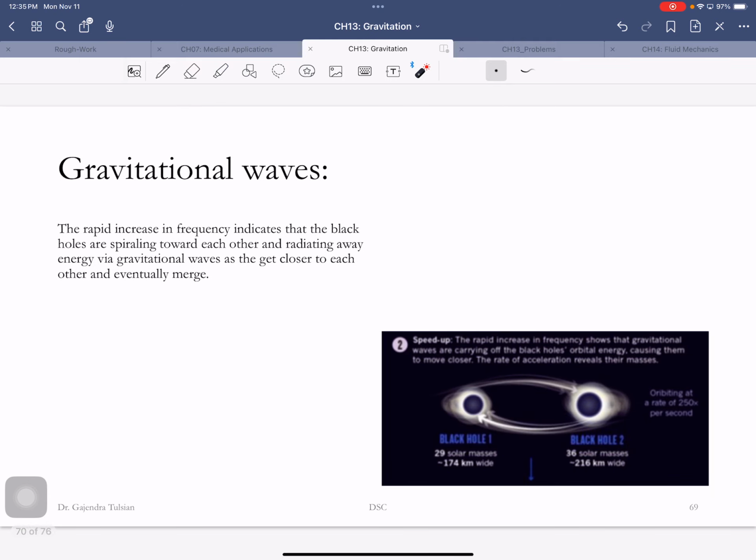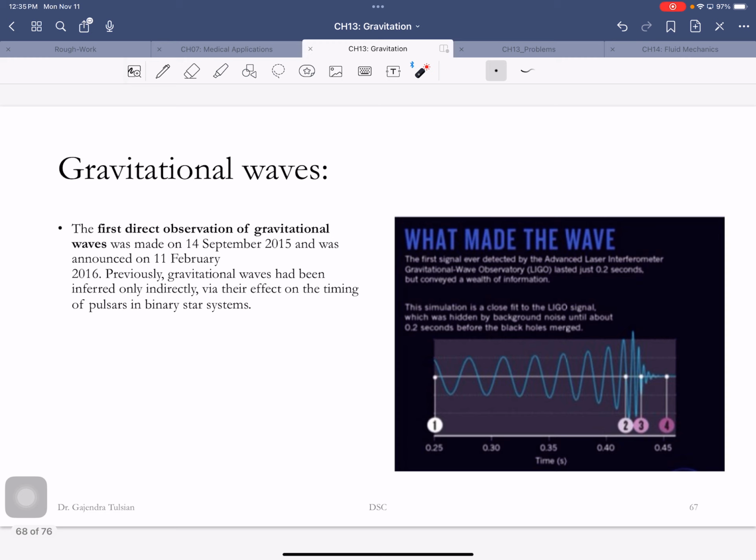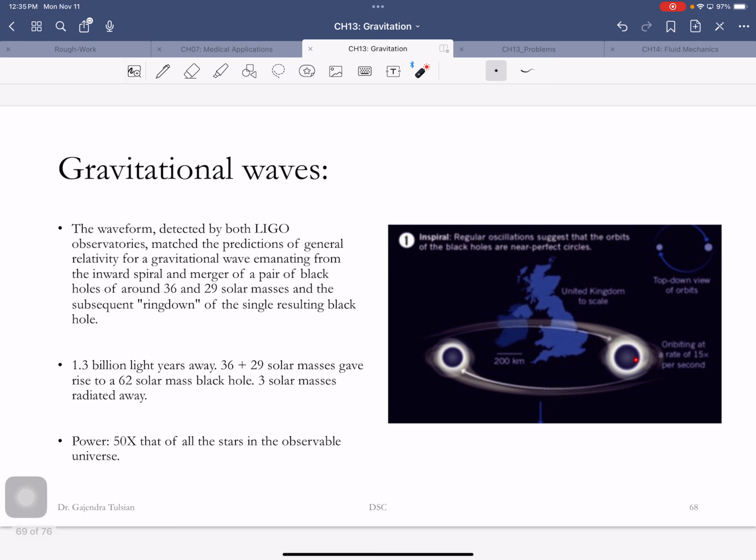We detected gravitational waves for the first time in September 2015. That's almost 10 years ago. Here's a black hole, a massive object that is being accelerated. It's going around another black hole. To make this black hole accelerate, you recruit another heavy black hole.